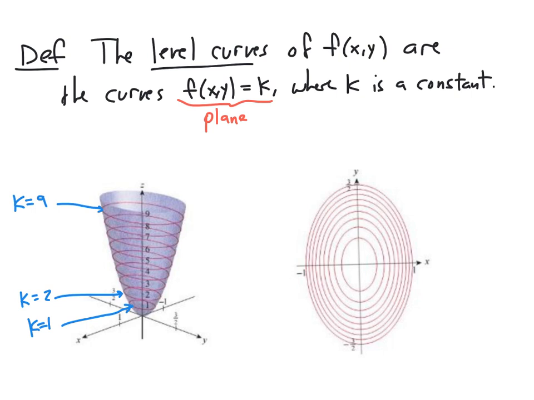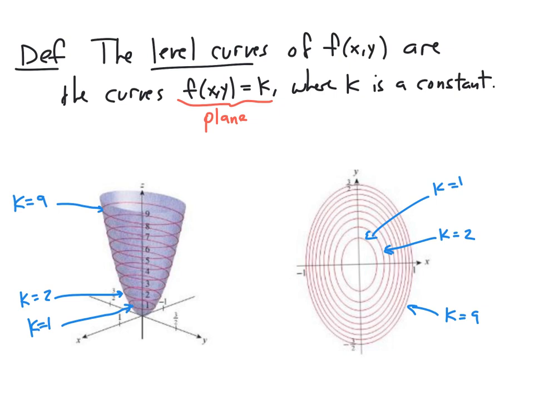And k is going to range from k equal to 1, which is the innermost ellipse. The next one out would be k equal to 2. And to save some space, this would be k equal to 9, so as not to draw all of them. But the idea here is that if we take those plane curves, f of xy equals 1, we will sketch this innermost ellipse on the right side graph.